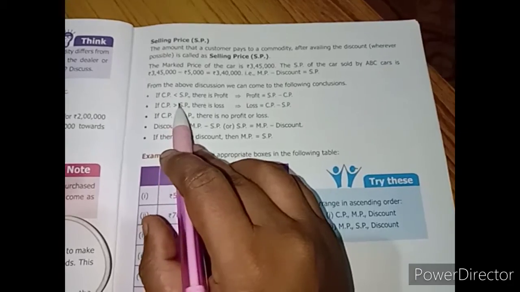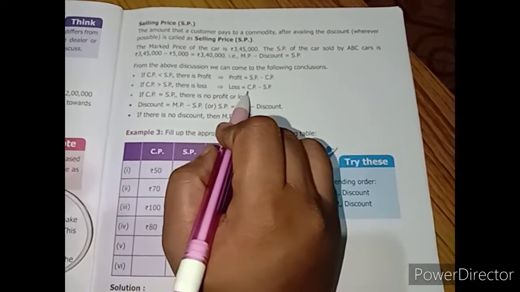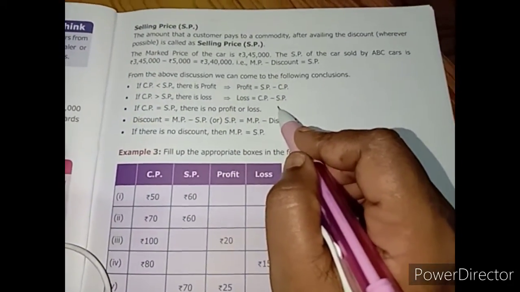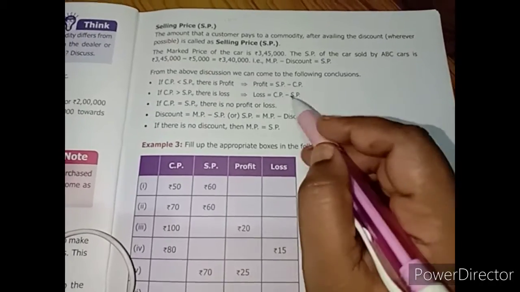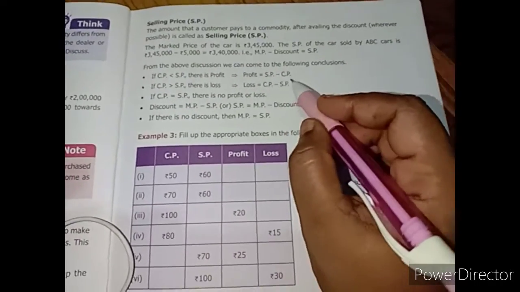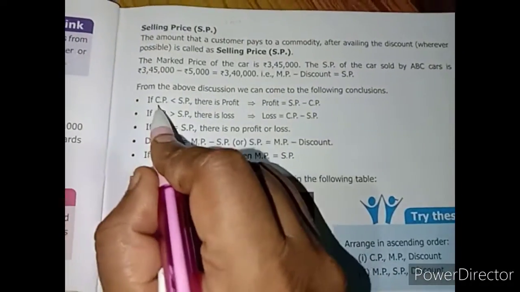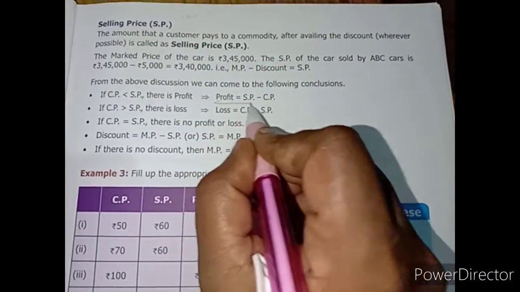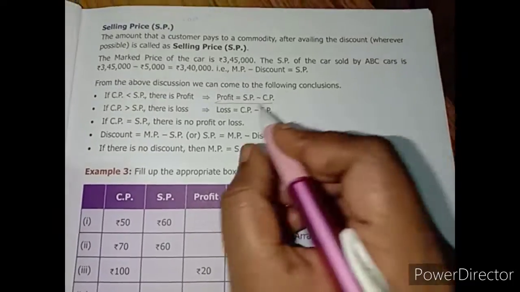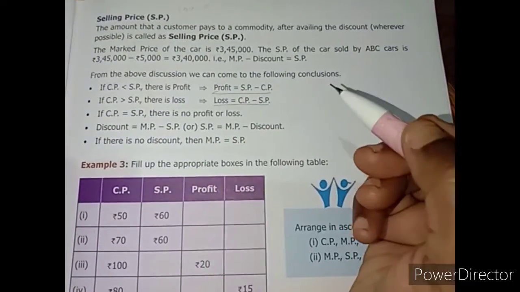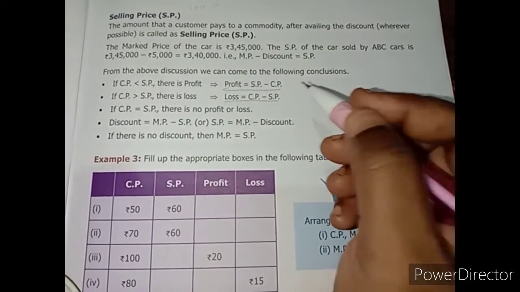When I sell it for 80 rupees, when I bought it for 100 rupees, it is a loss. It will be a little bit confusing, but if you memorize this, it will be easy for you. It is like a formula. Profit is equal to selling price minus cost price. Loss is equal to cost price minus selling price.